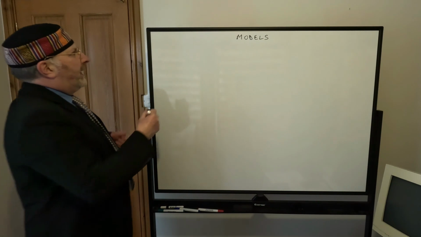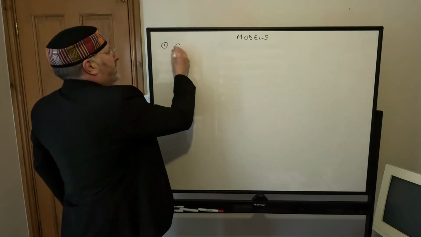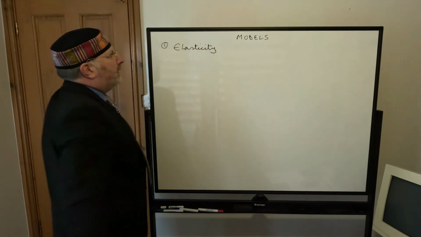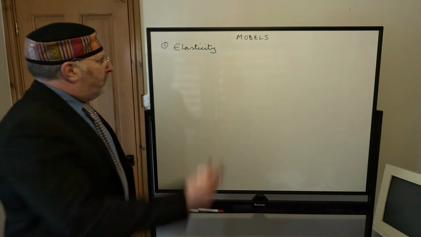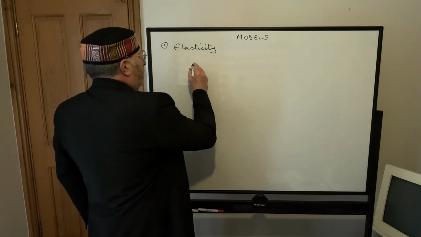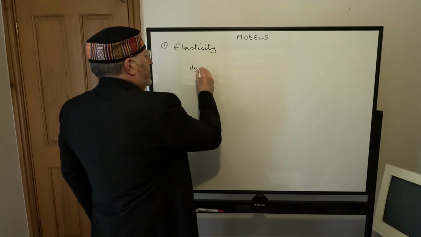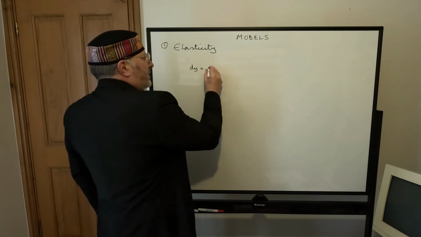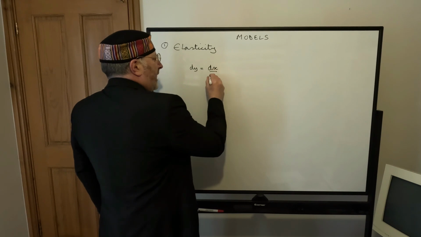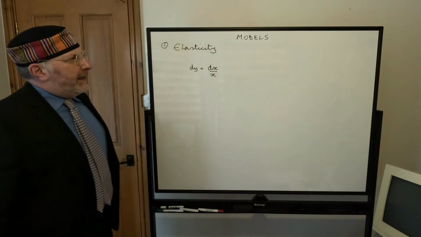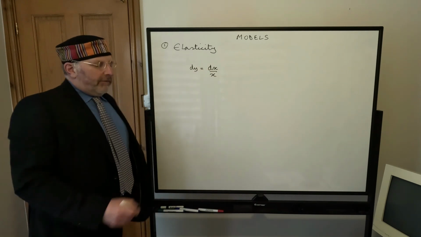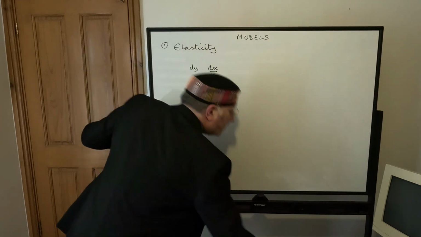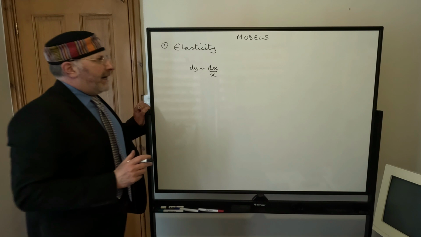So the first one we're going to look at is to do with the idea of elasticity. If we recall the Weber-Fechner law, we had the situation where the absolute change in one variable, which I'll write as y here, the absolute change dy is proportional to the relative change or the percentage change in the other variable, dx over x.